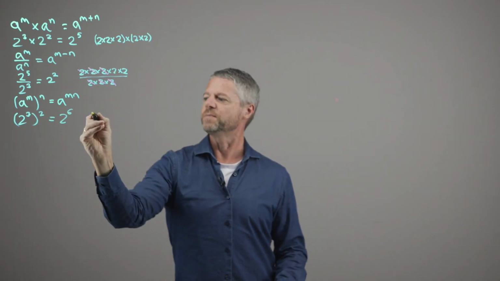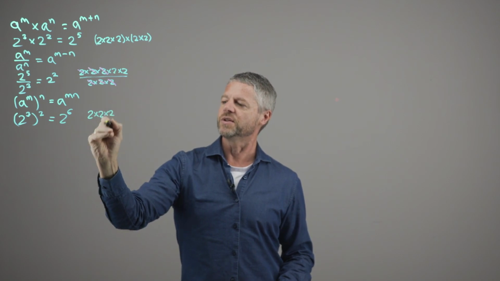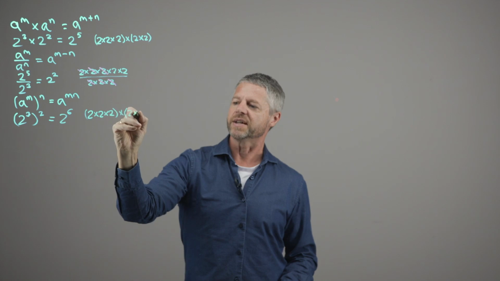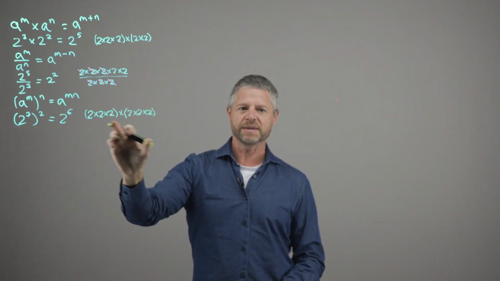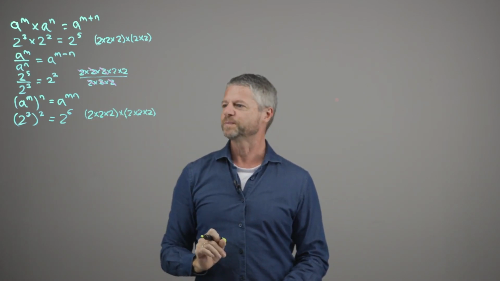And that makes sense too, because 2 to the 3 is just 2 times 2 times 2. And if we square it, we're multiplying it by itself. And so, again, the brackets don't really play a role here. We've got 2 times 2, 6 times.